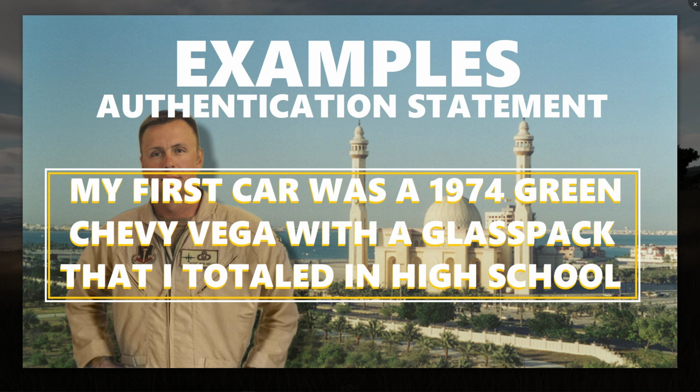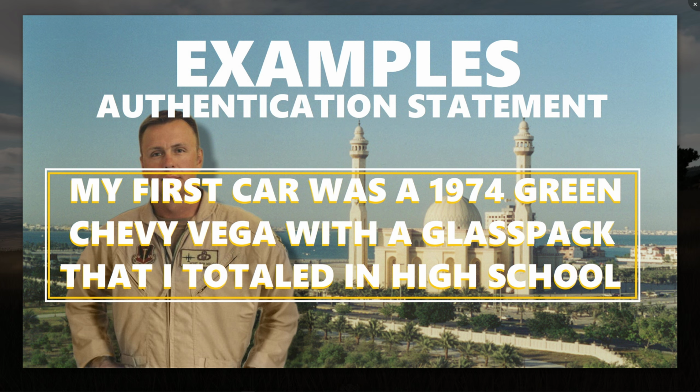The one where Operation Red Wings went in to rescue him, and that's when we lost the Chinook, the biggest loss of life in one day in a rescue attempt. The Chinook got shot down with an RPG. I'll put a link to that in this description. You can watch that. It's a really good episode, and it has a really good example of how they do some authentication statements and everything.